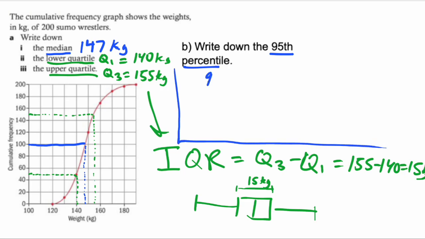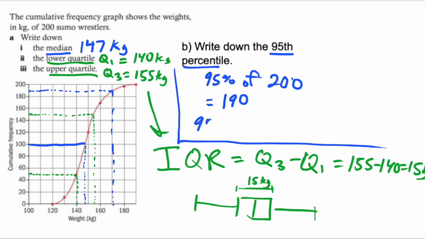So the first thing that you do is 95% of 200. So you can do 0.95 times 200, and that's going to give you 190. So we go across from 190. 190 is about there, and I guess we're going to hit this dot, which is exactly at 170.